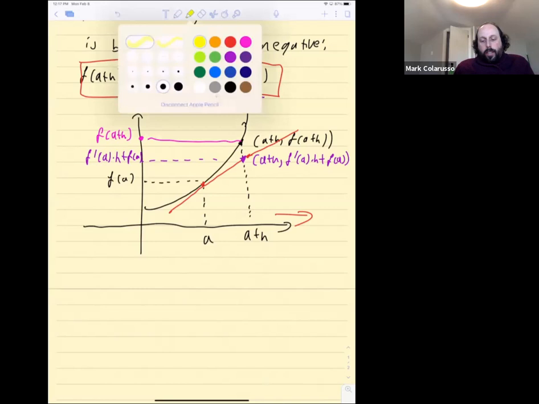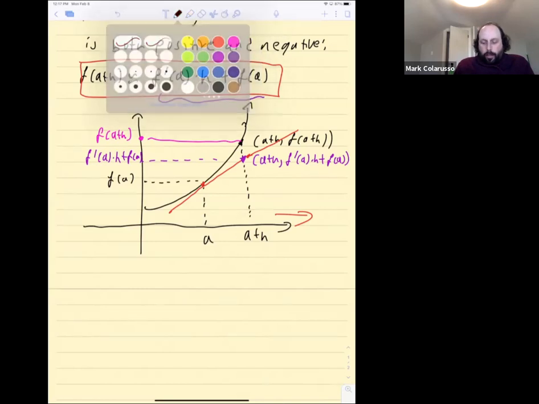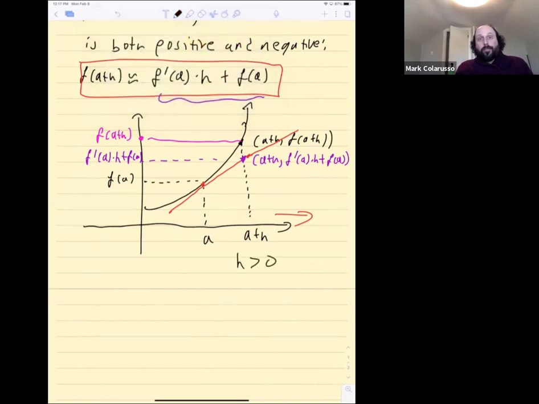What I've drawn here is for positive h. You could also do it the other way. I could have taken my h to be negative and gone to the left, along the tangent line in the opposite direction, and then my purple point would have been down here, and the f of a plus h would have been, say, there.